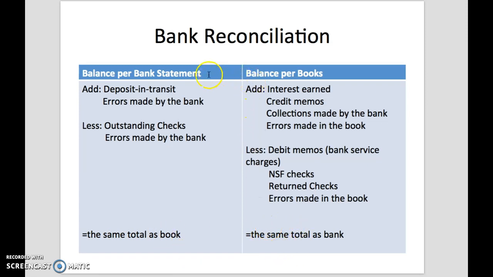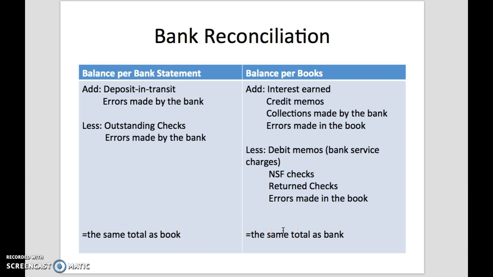So at the beginning, the cash balance per bank statement will not be equal to the balance per books. But after you make all the adjustments, then these two values should be equal to each other.